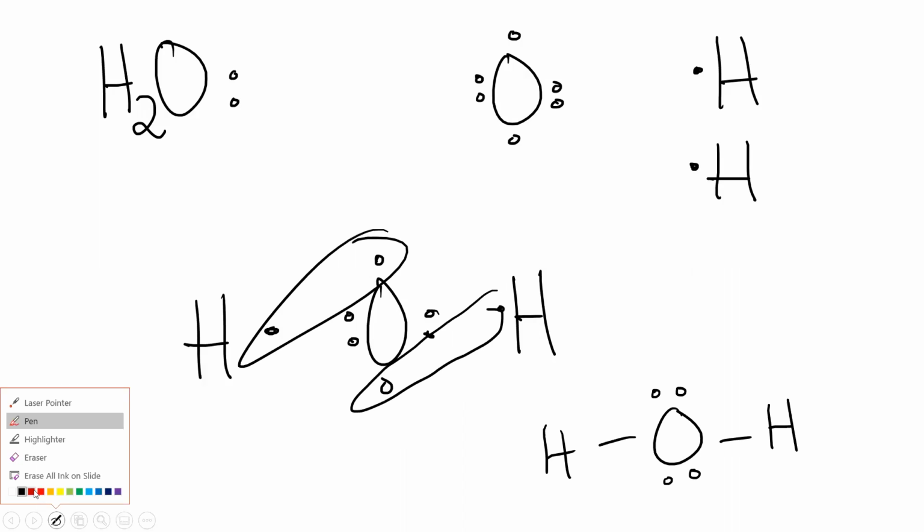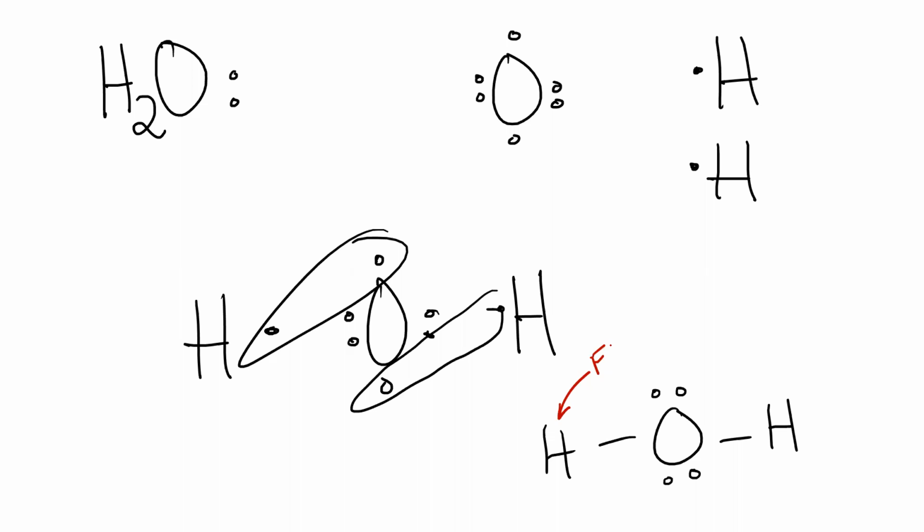So, formal charge on hydrogen. The formal charge on hydrogen is number of valence electrons, 1, starting out. Minus number of things around hydrogen. There's one line. 1 minus 1 is 0. See? Simple calculation.